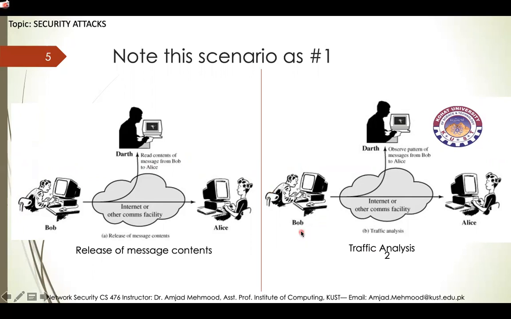In case B, Bob is sending something to Alice, and Darth is observing the pattern of the message. Normally, you know that there are two kinds of data traveling over the network. One is the content or payload, which is the actual data, and the other is the header.